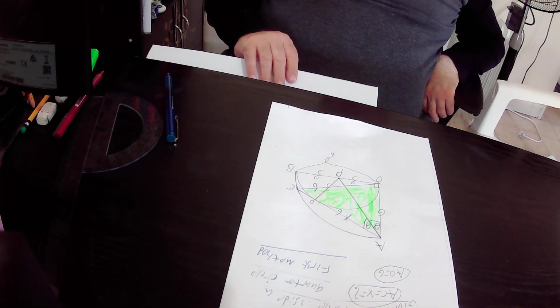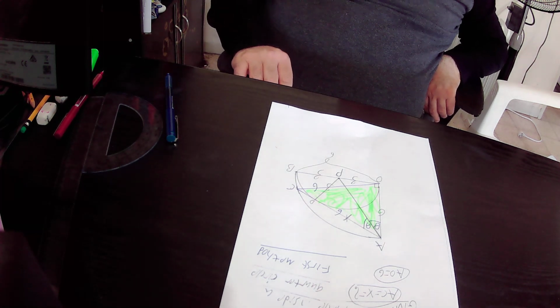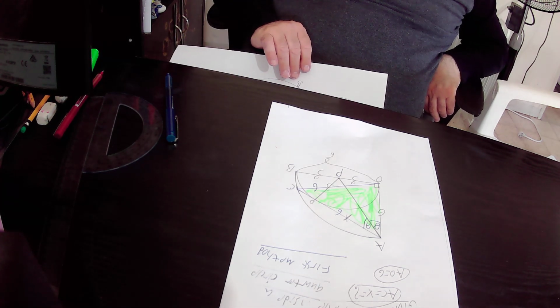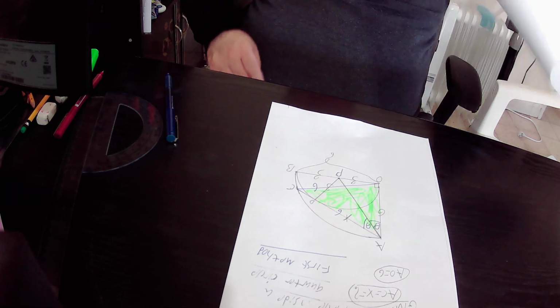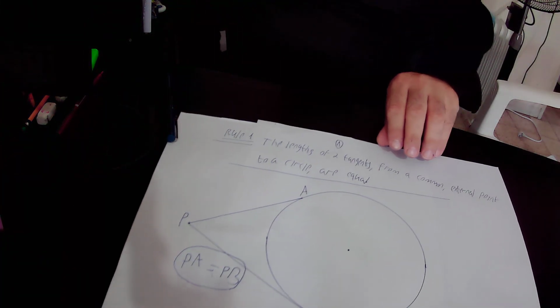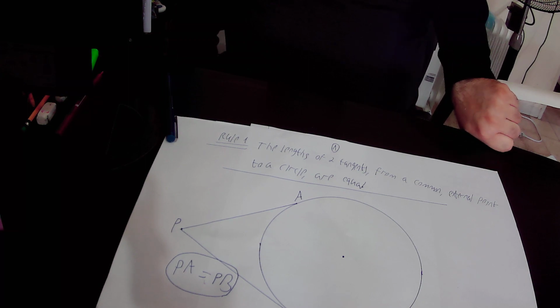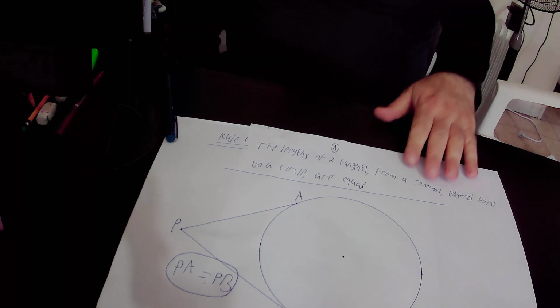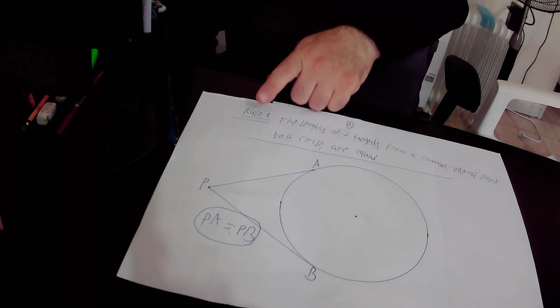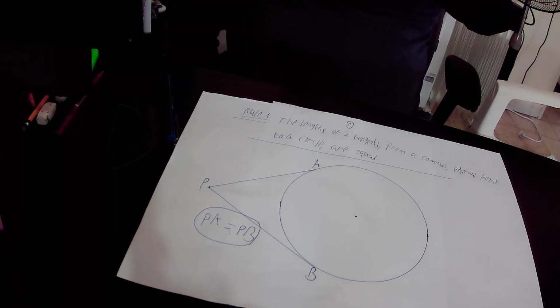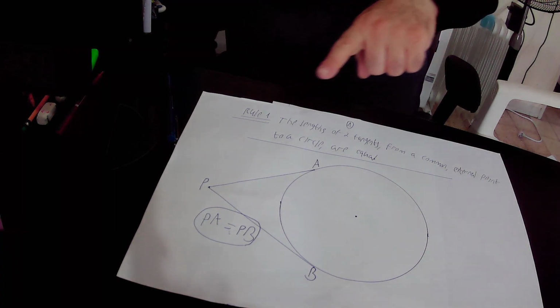Okay, so then I presented to you a new rule, rule number 1. According to rule number 1, the lengths of two tangents from a common external point to a circle are equal. So we have here point P that is an external point of this circle, and from point P we draw two tangents to this circle.